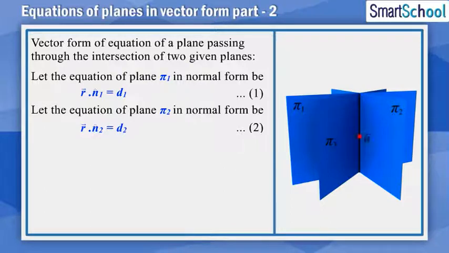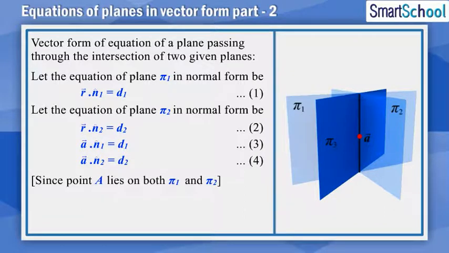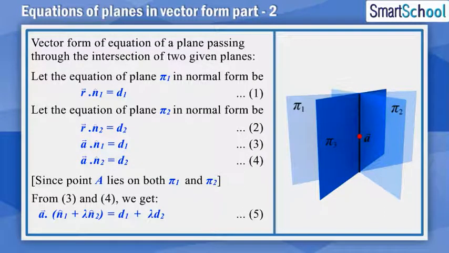Let A be any arbitrary point with position vector A on the line of intersection of planes pi1 and pi2. Since point A lies on both the planes pi1 and pi2, its position vector must satisfy both equations 1 and 2. This gives us equations 3 and 4.